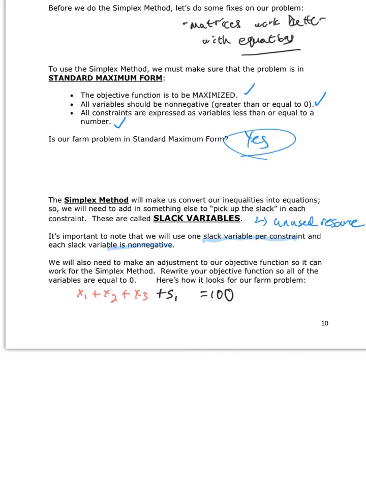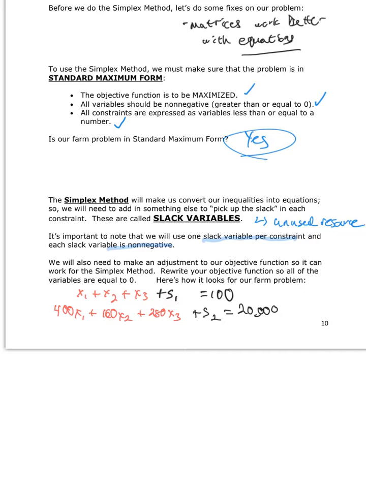Okay, so I'm going to have to remember what that other constraint was here. And as I remember that constraint, it is going to be 400x1 plus 160x2 plus 280x3, and I'm going to put in a separate slack variable s2 here, and the reason why is because that slack variable can take on a different value.